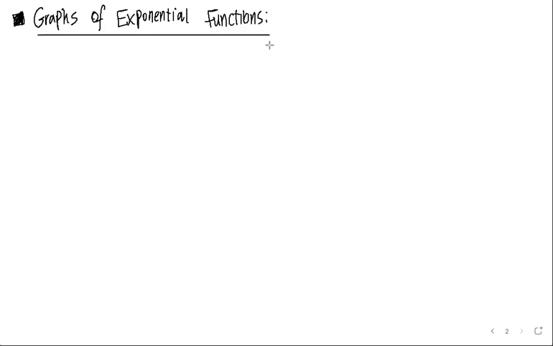Graphs of exponential functions. Like before, to graph the exponential function, we're going to start by plotting points.